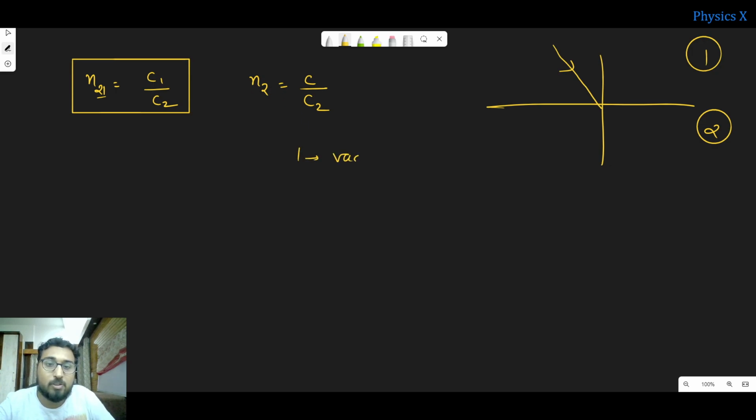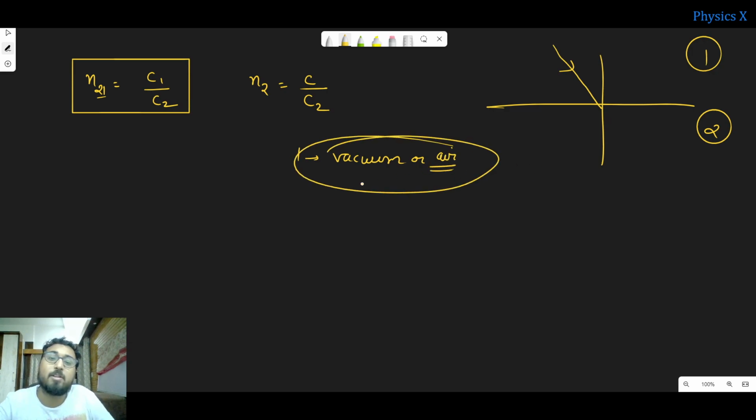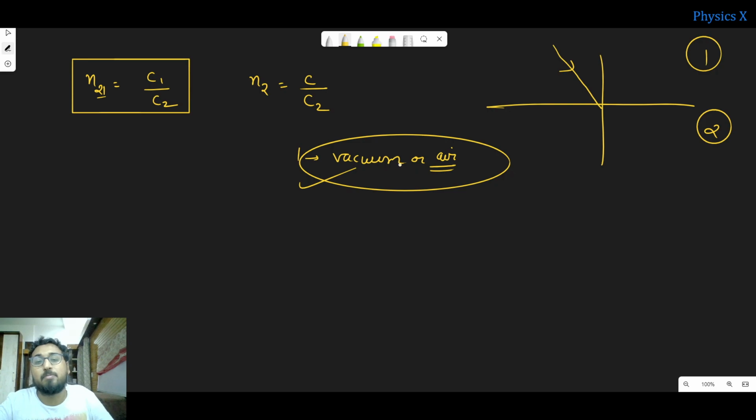For vacuum, or sometimes this is taken as air also, because, as I told you, vacuum or air, you can consider both. Sometimes it happens like that, because there is not much refraction in the case of air. If this was air, then also sometimes this is considered with respect to air. C1 or N1 is nothing but the refractive index of air, that we take as 1.